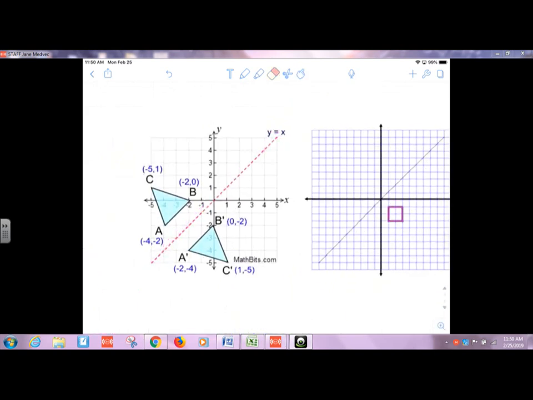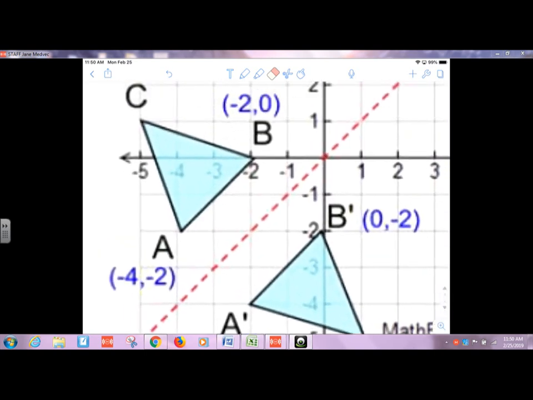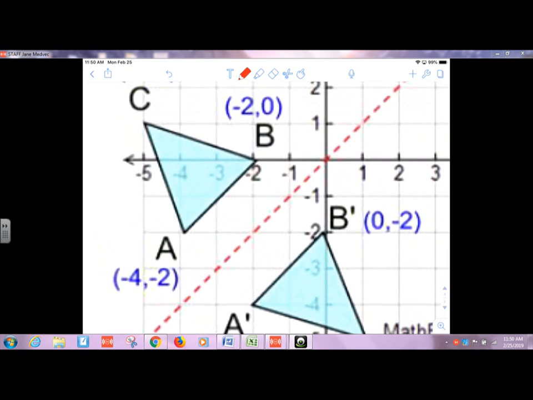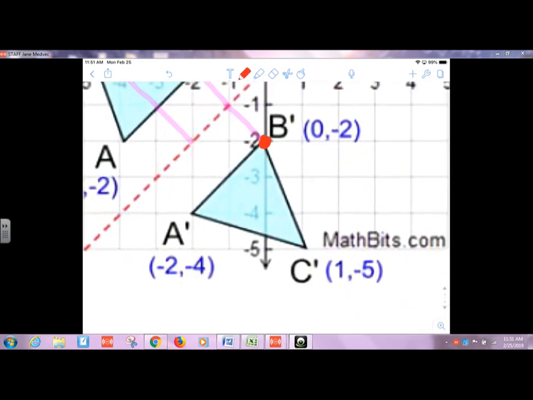So here's an example of what they did, and if you look at this closely, I have B. B is 1 square away from this dotted line, and so B prime is 1 square away from the dotted line, okay? C, if you take a close look, is 1, 2, 3 squares from that dotted line, and so I'm going to go 3 squares the opposite direction. 1, 2, 3, and I'm going to do the ordered pair there.